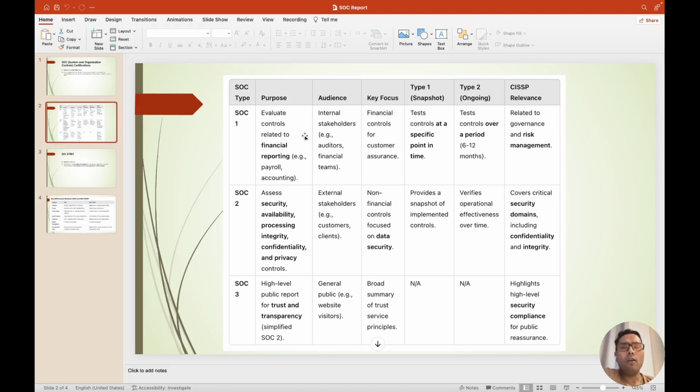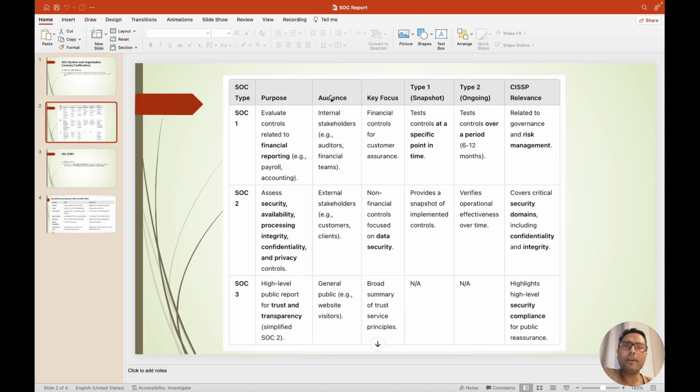SOC 2 is all about the CIA, security, privacy. That means complete information security. And SOC 3 is all about the high-level information which you need to show your end user. That means the general public report.